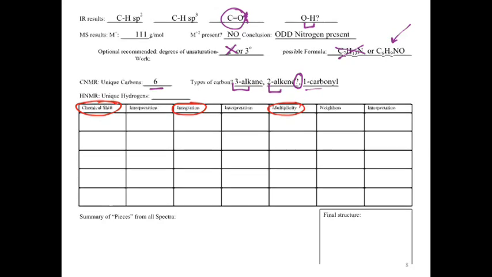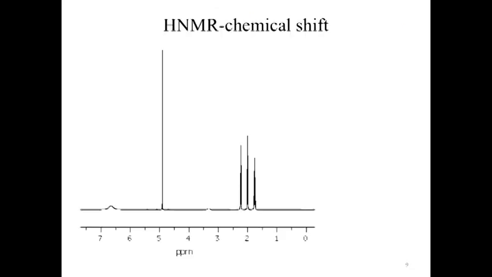Okay? So to begin with, we can look for both our number of signals and our chemical shifts. All we're really concerned about is where do we see peaks. And we've got to be a little bit careful with the term peaks. What we're looking for is where do we see a distinct group of signals or a group of peaks.